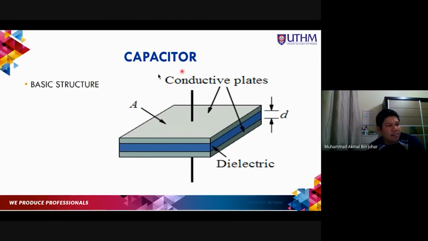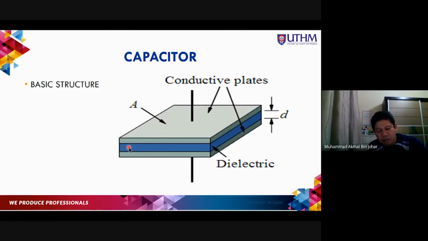So the basic structure is two conductive plates with a dielectric material or dielectric area separating them. Why do we use a dielectric? Because we don't want any short circuit between plate A and plate B, between the positive plate and the negative plate.